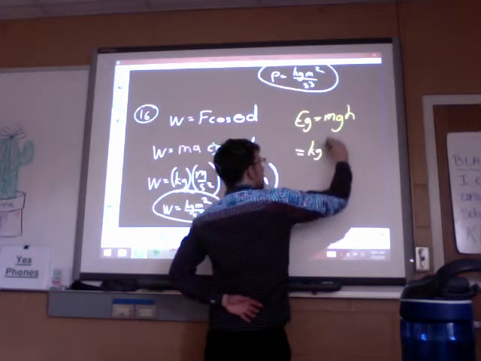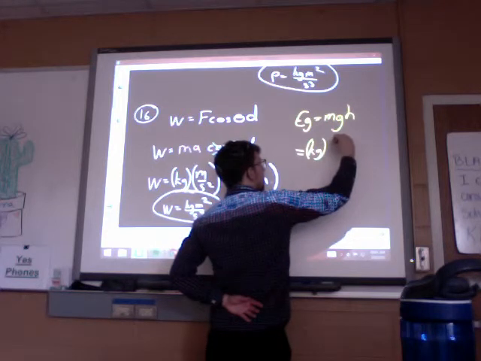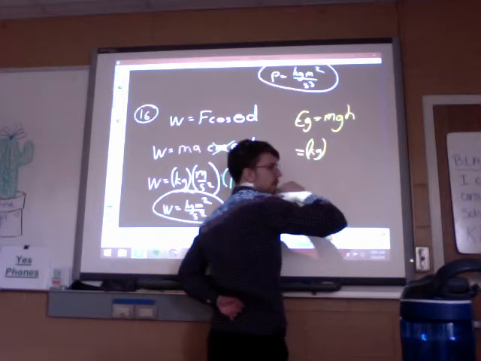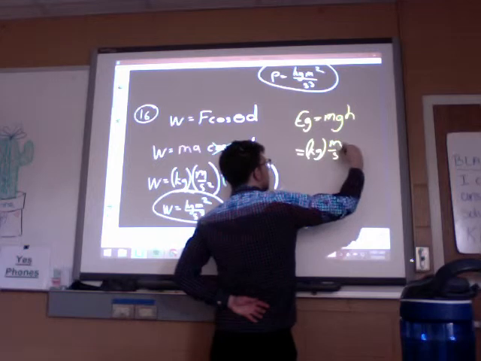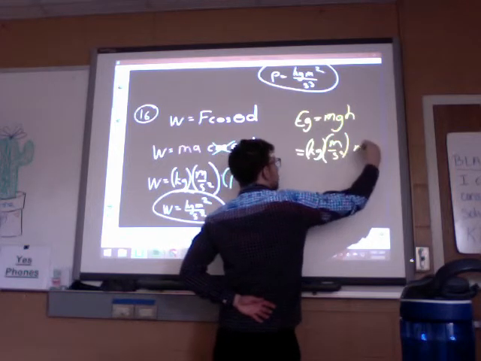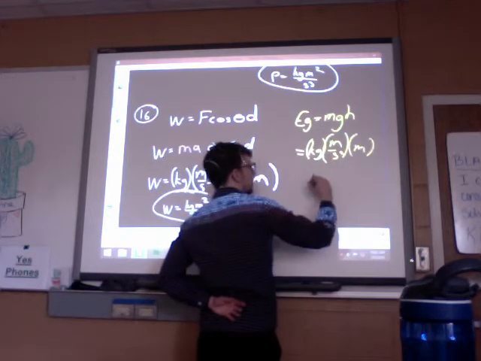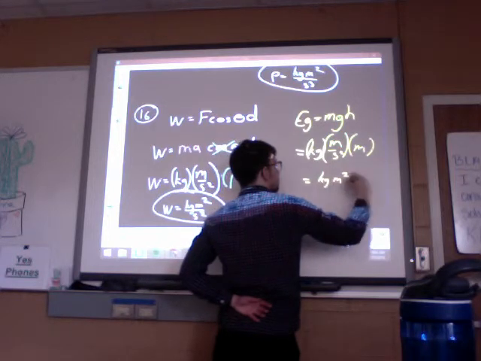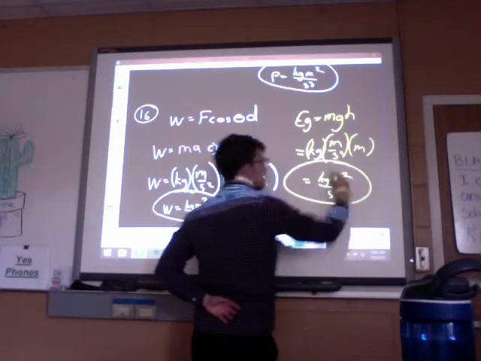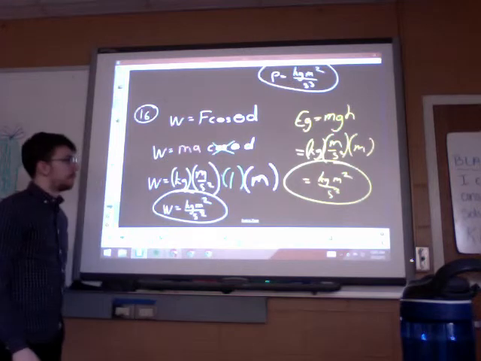That's kilograms. What's the unit for G? Meters per second squared. And height is meters. Bam, that's it. There's our proof.